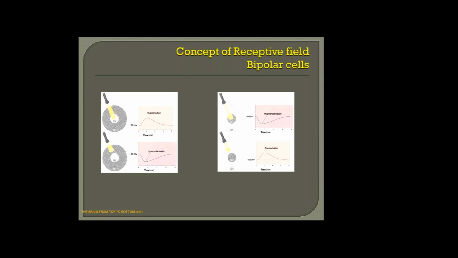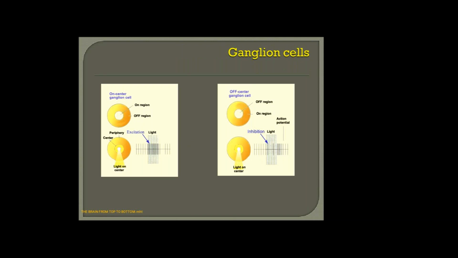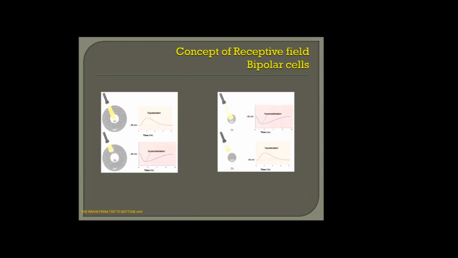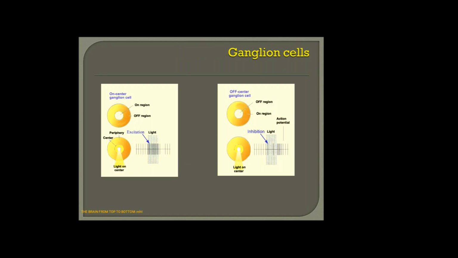But if light falls at the center of an off cell, the center is already negatively charged, and that shows the hyperpolarization of the wave. Just the opposite: keeping in mind the principle remains the same, but it is translated in the other way.